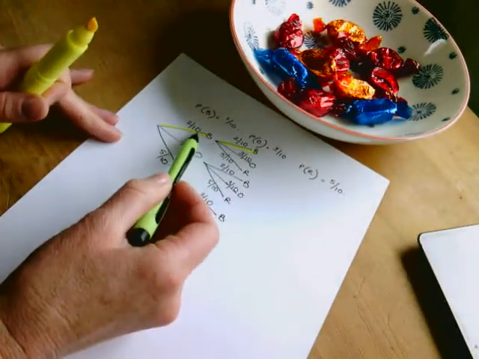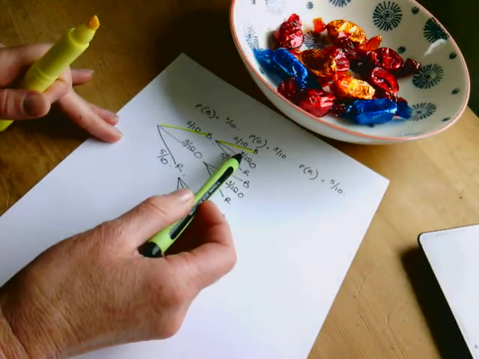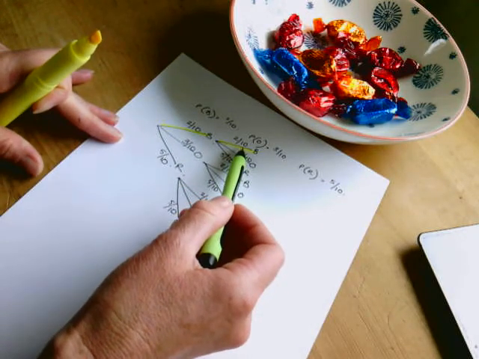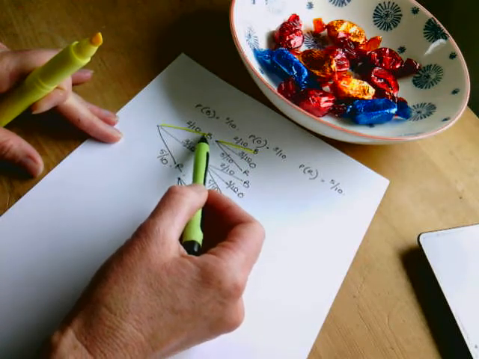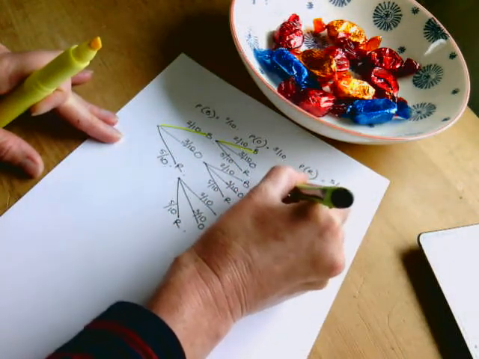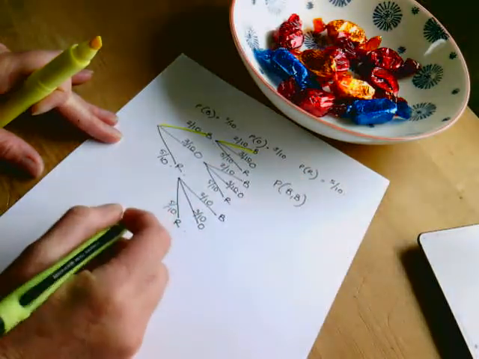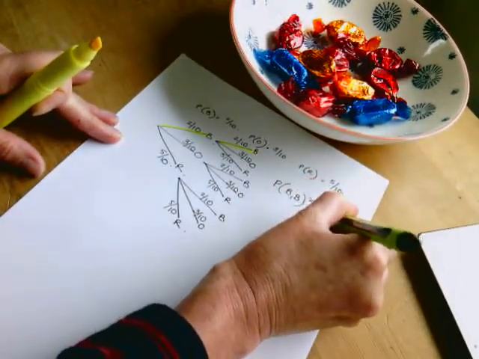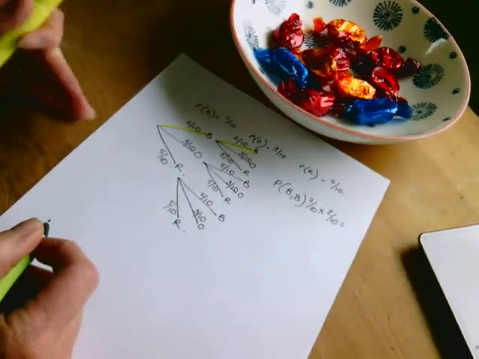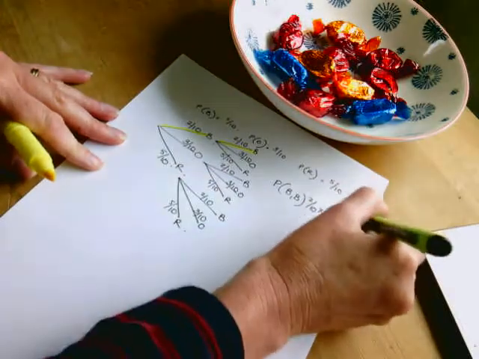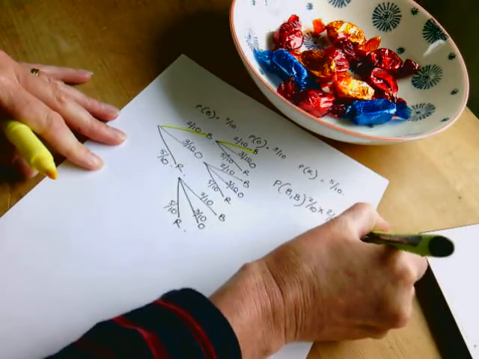And the probability of taking a blue and taking a blue again, I'm going to multiply along the branches, because that's how we calculate the probability of blue first time and blue second time. So the probability of blue, blue is 2/10 times 2/10, which, multiplying fractions, we multiply the numerators and multiply the denominators, 4 out of 100.